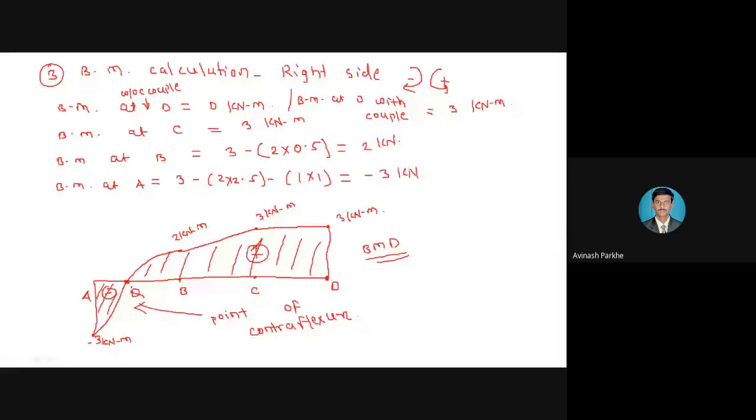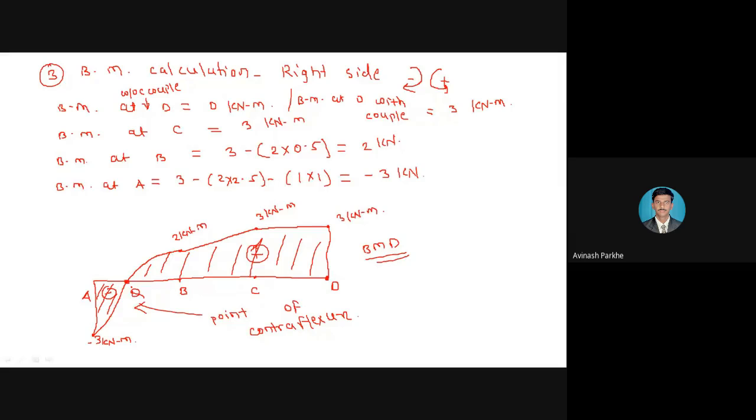So SFD and BMD calculation for the cantilever beam is very simple. There are very few chances that we have to calculate the x distance. But if you look at the simply supported beam and the overhanging beam, most of the time you will get the point of contra shear. Therefore, most of the time we have to calculate the x distance. If you have calculated the x distance, we then go on to calculate the maximum bending moment.